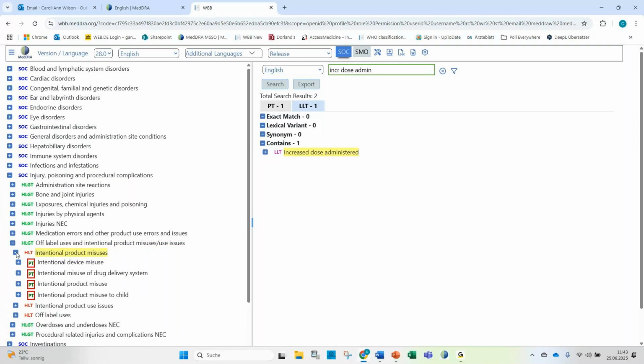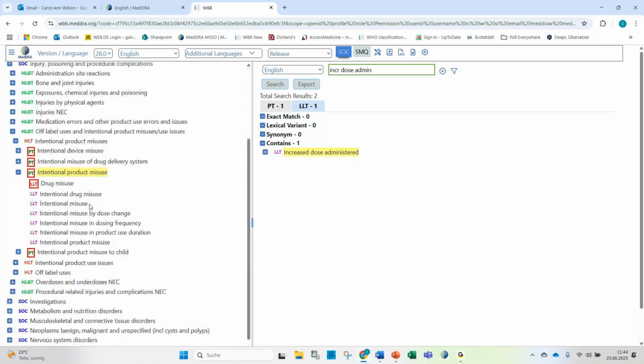Intentional device misuse, drug delivery system, intentional product misuse. Here we are, intentional misuse by dose change, dosing frequency, product use duration. So the most specific term that we can find is intentional misuse by dose change.